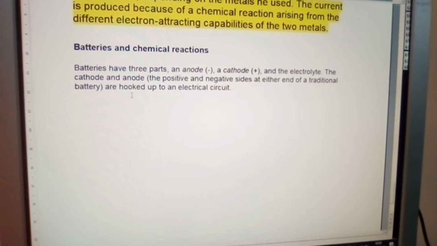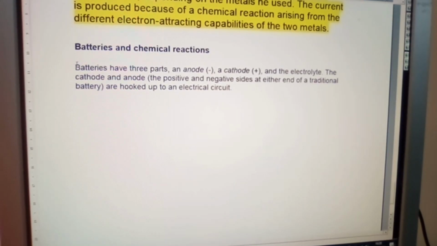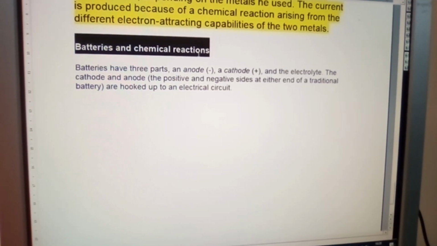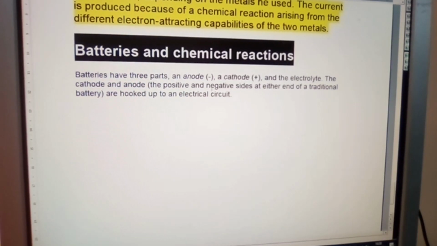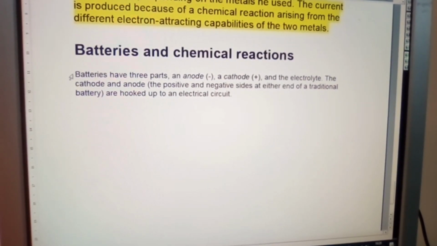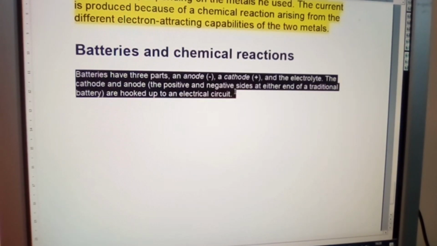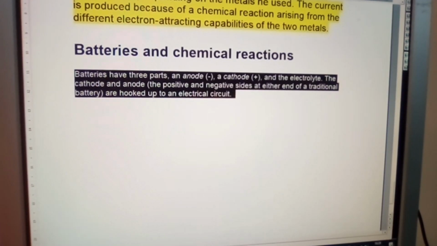Now batteries are free. Right, now let's look at this information on batteries. We can make that large. Okay, so let's make that larger. That's 22.